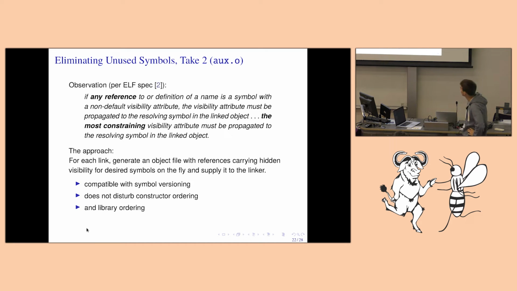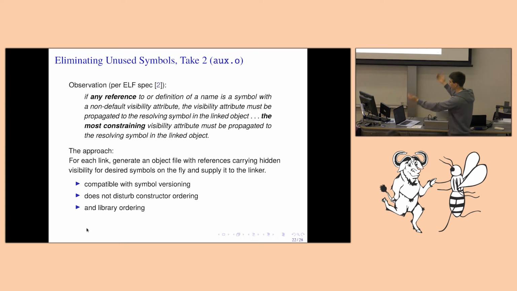All this took us to a different approach. So if we observe the ELF spec carefully enough, we'll see that any reference to a symbol contributes to its visibility. Namely, the most constraining visibility of all definitions and references of a symbol has to be propagated to the final symbol.